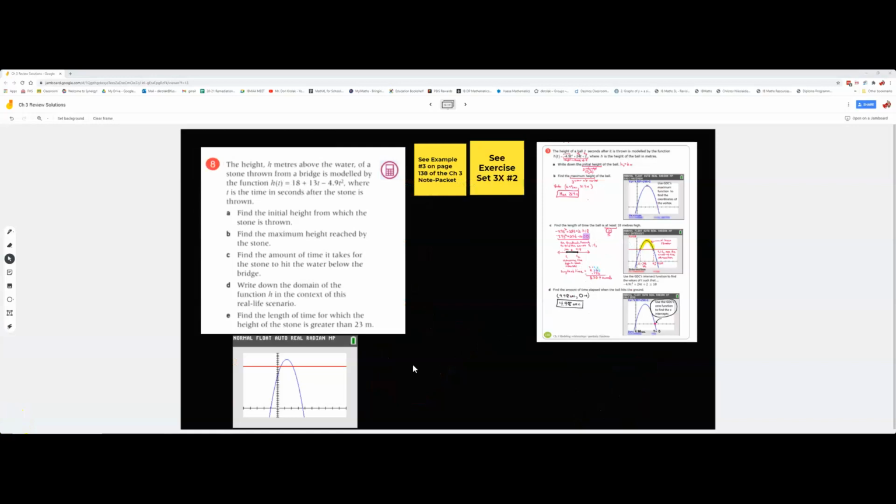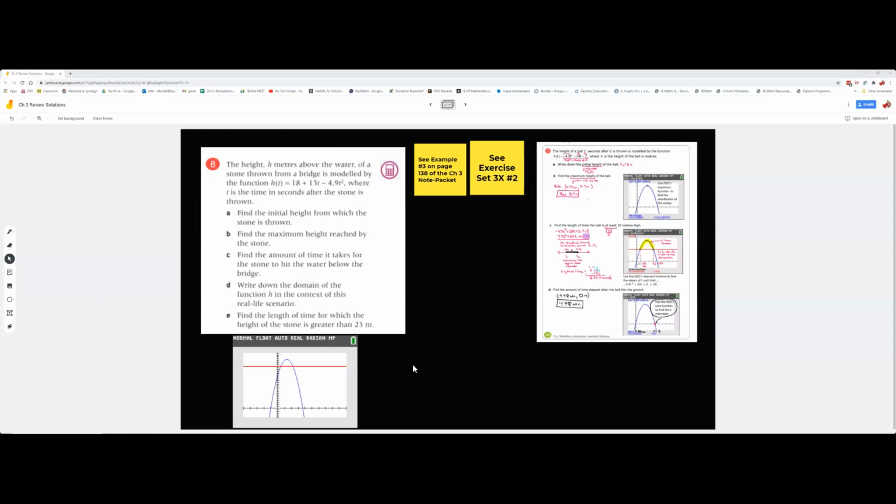All right, number 8. The height H in meters above the water of a stone thrown from a bridge is modeled by the function h(t), where t is the time in seconds after the stone is thrown.